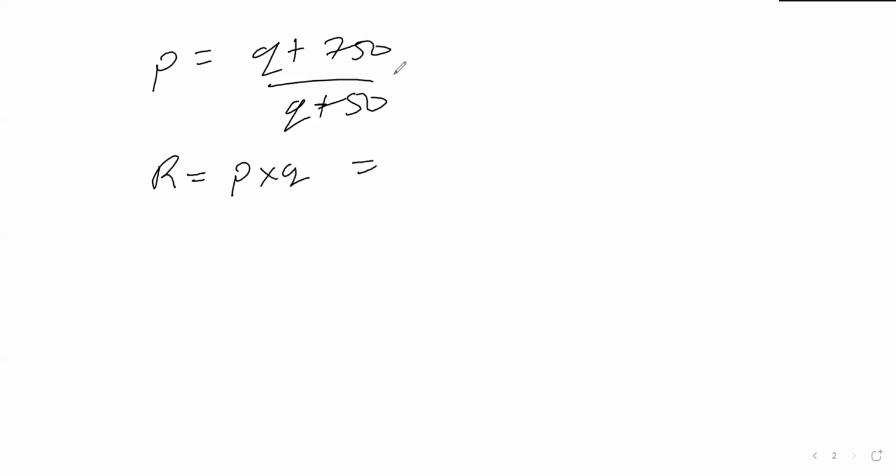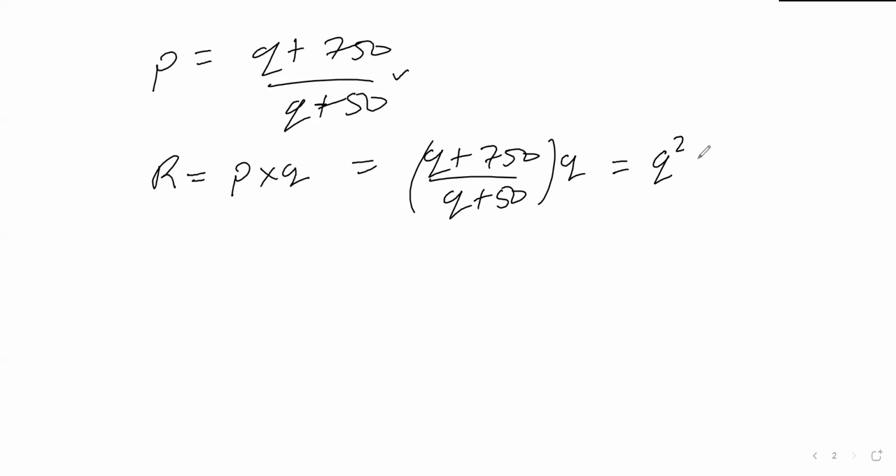We've been given the price to be this, so we multiply it by quantity Q to get our revenue, which will be (Q squared plus 750Q) over (Q plus 50). So this is our revenue function.